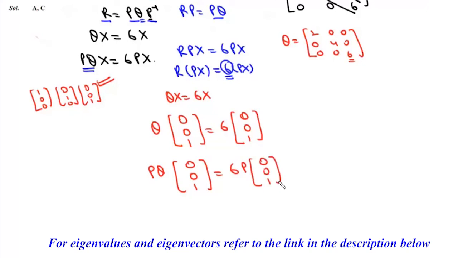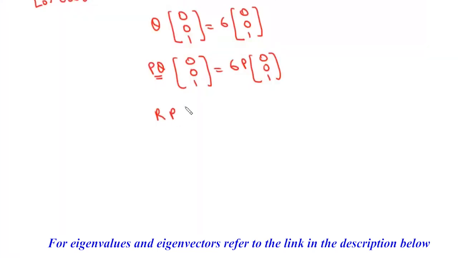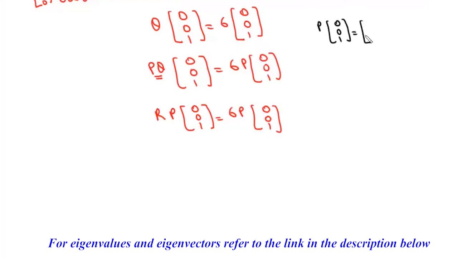Now we can write PQ into (0, 0, 1) will be equal to 6P into (0, 0, 1). Now P into Q is R into P. So we can write R into P (0, 0, 1) will be equal to 6 into P (0, 0, 1). Now we'll find P into (0, 0, 1). P is 1, 1, 1; 0, 2, 2; 0, 0, 3 into (0, 0, 1).